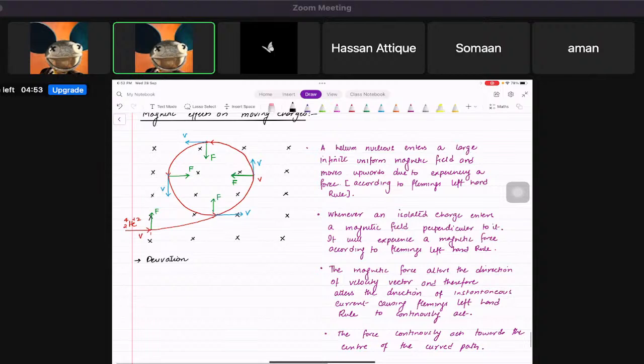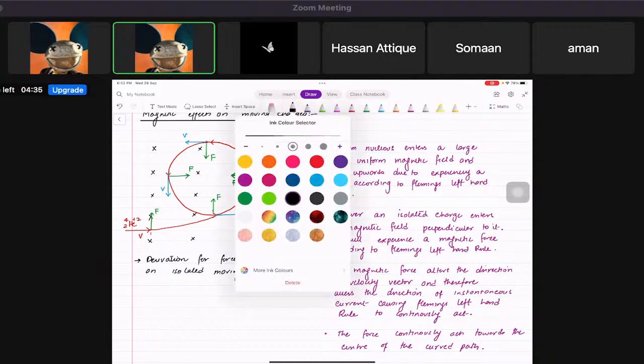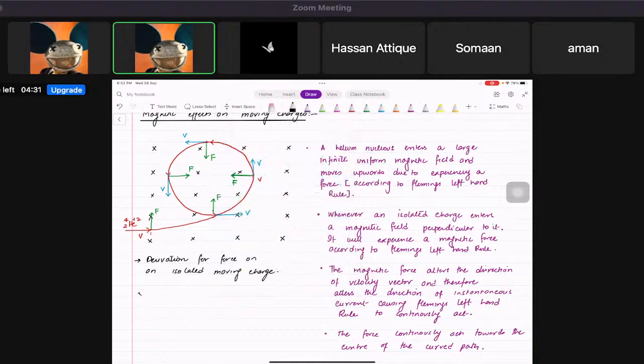For the derivation for force on an isolated moving charge, we know that when we drew this, the magnetic field was into the page, which is perpendicular. At any point where the velocity was in a single direction, the force was acting perpendicular to that.